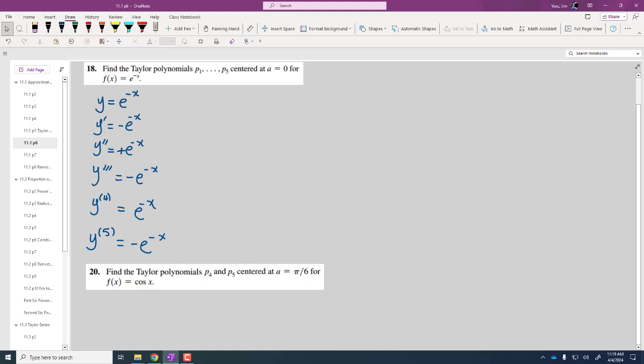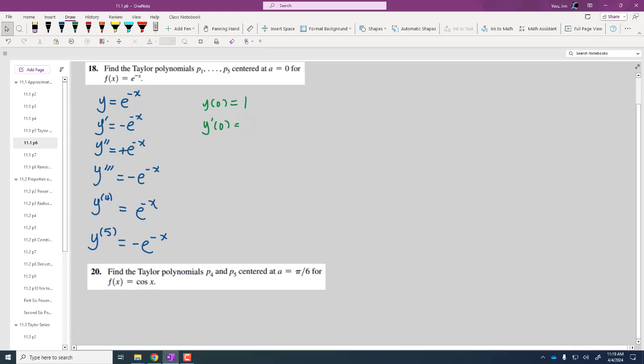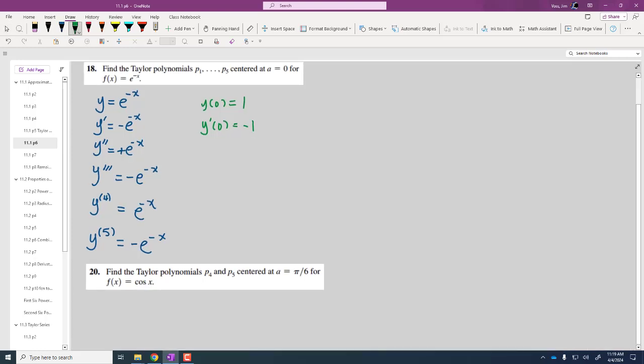So that's what we need in order to build P sub 5. And then we go ahead and evaluate at the center. They said center was 0, so y of 0 is 1. Y prime of 0 looks like negative 1. Y double prime of 0, positive 1.